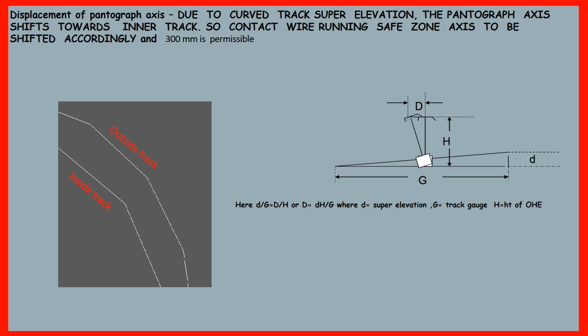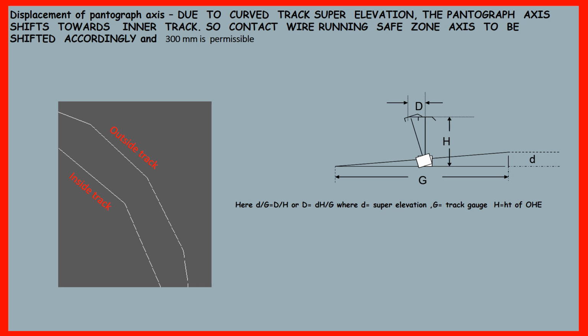Super elevation. Already you know that in curvature, due to centrifugal force, if the train is in motion with adequate speed, then the tendency is to go out of the track, and to give resistance against it, the outer track is elevated, and this elevation is called super elevation.